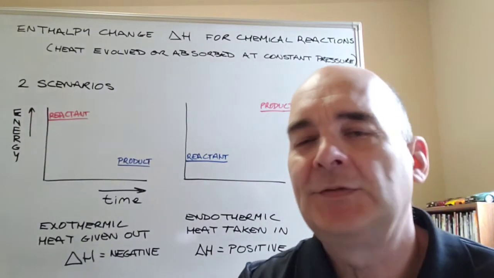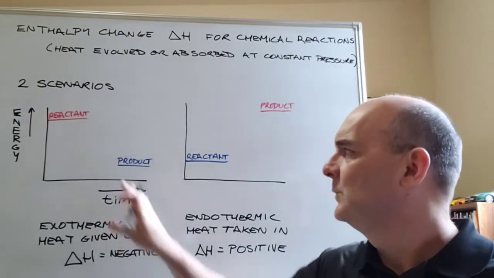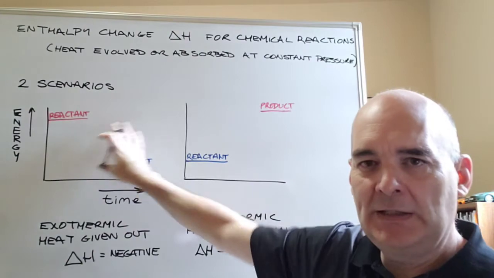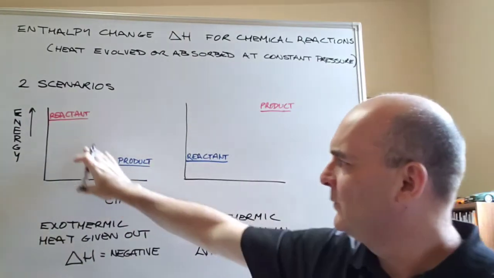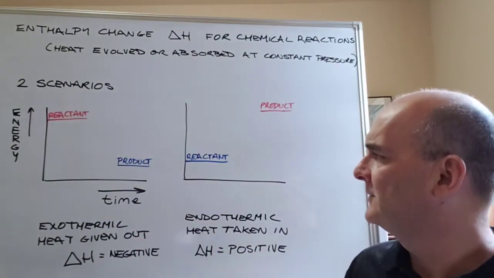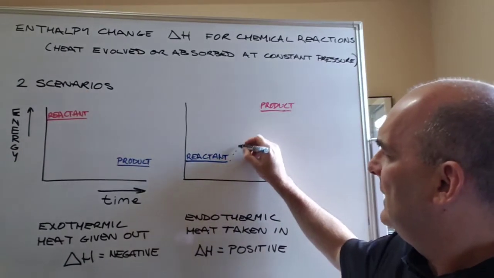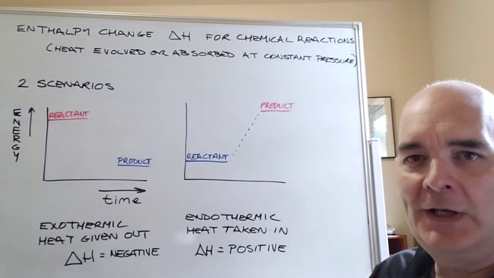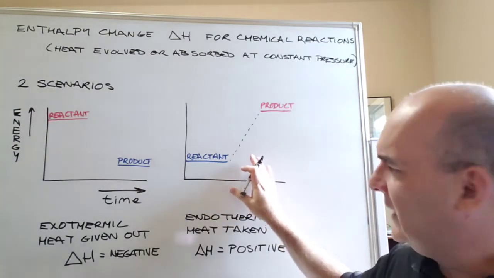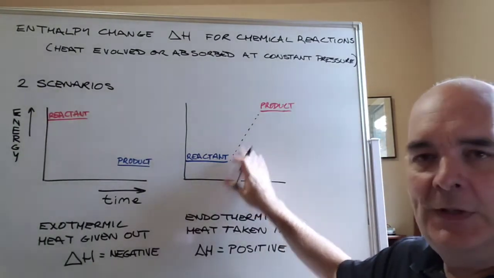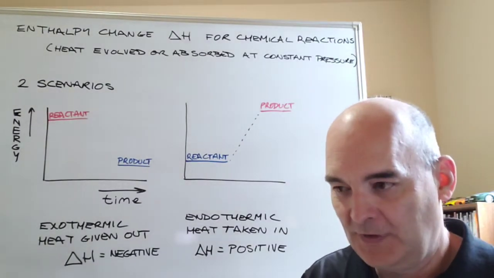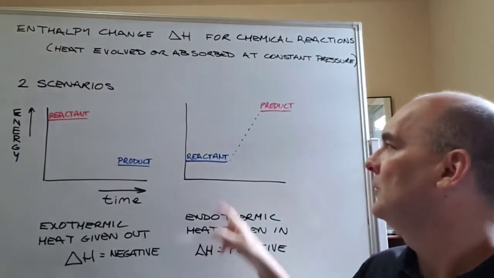Now that leaves us with the question mark of exactly what's happening in between, in the space between where my reactant is and where my product is. And you might think, nature being what it is, to do the easiest thing and just draw a straight line between these two. But that cannot be true. Observably, that cannot be true.